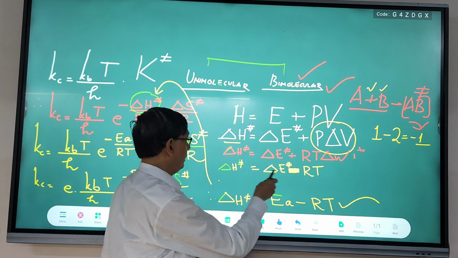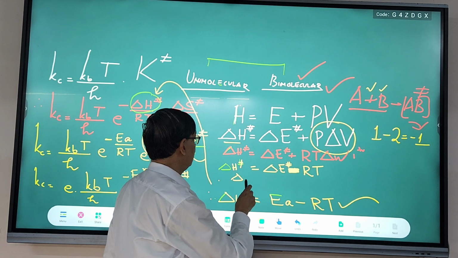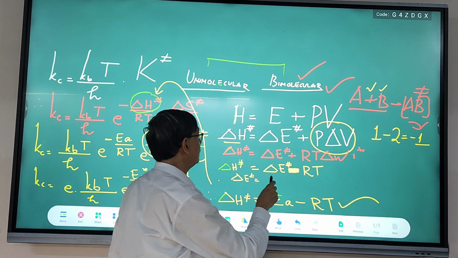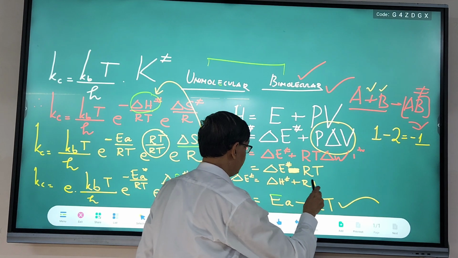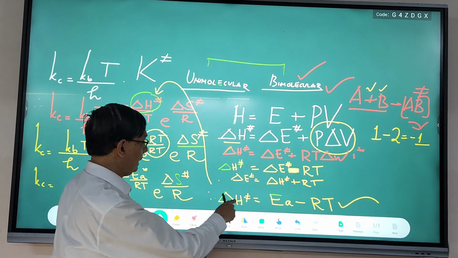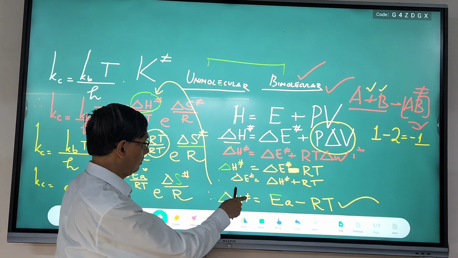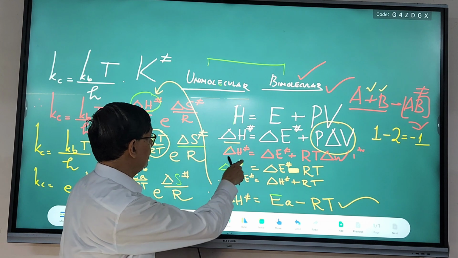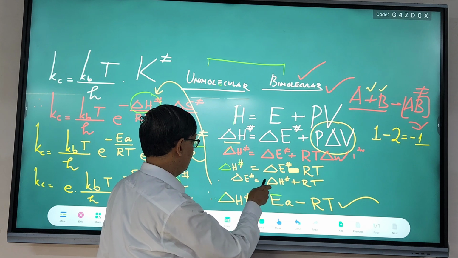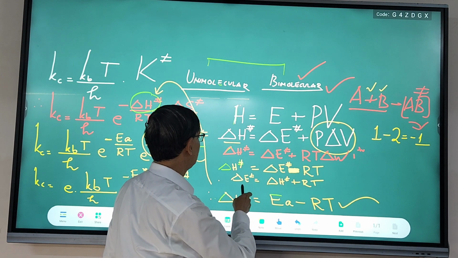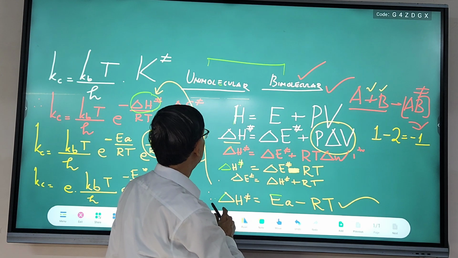So delta E is equal to delta H plus RT. Now I have to replace the E by RT. Where is our final equation?